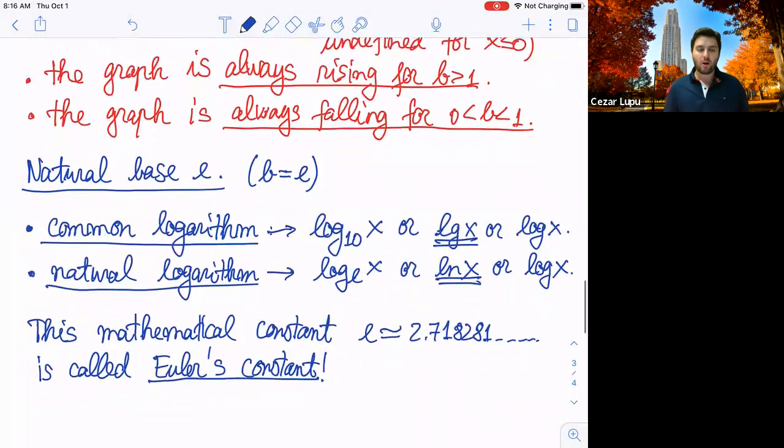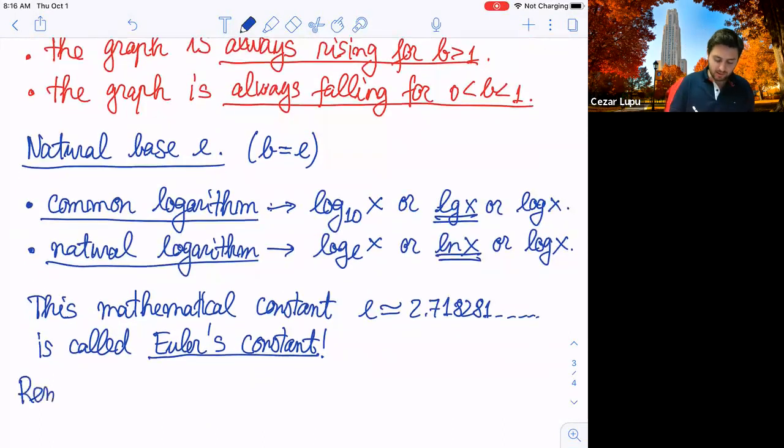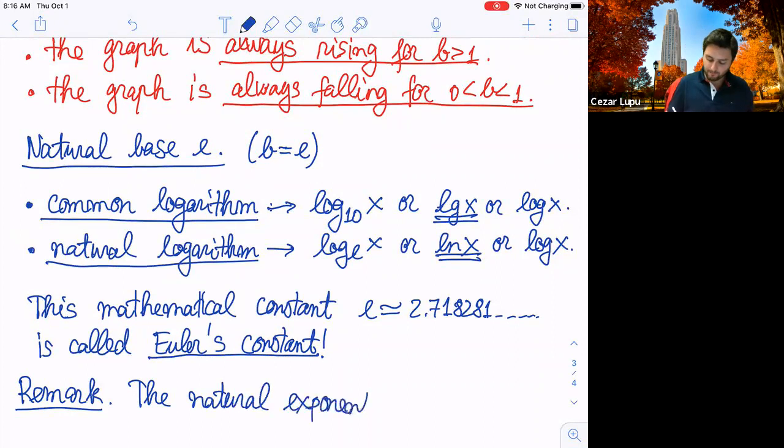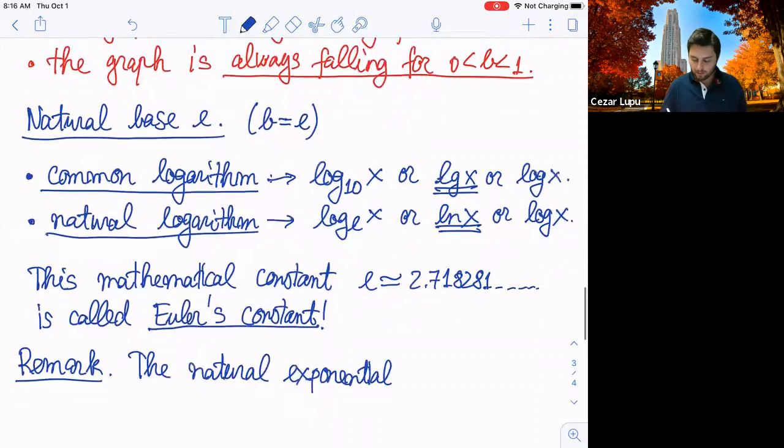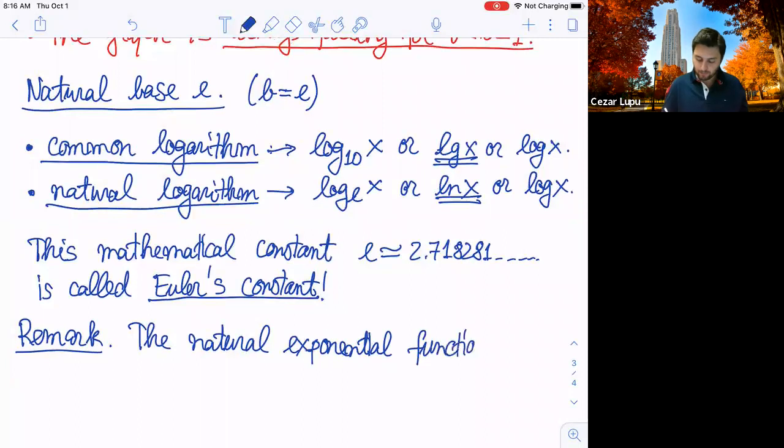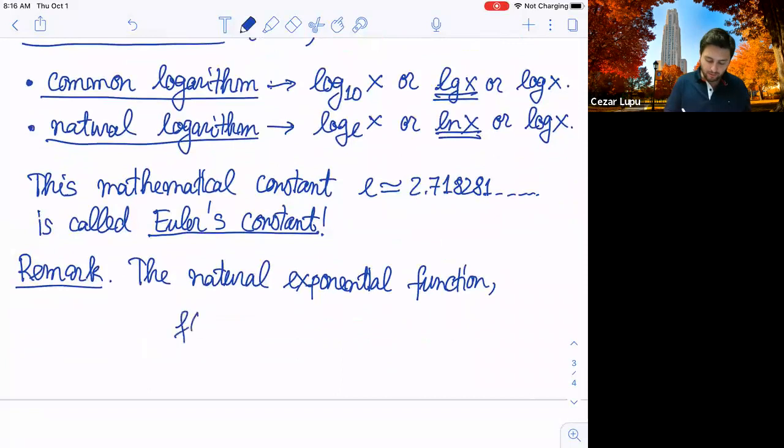And now, since I talked about this, I should have said something about the natural exponential function. Let me point at this as a remark. The natural exponential function, we'll call this f of x, will be, instead of b to the power x, e to the power x, where this e is this Euler constant.